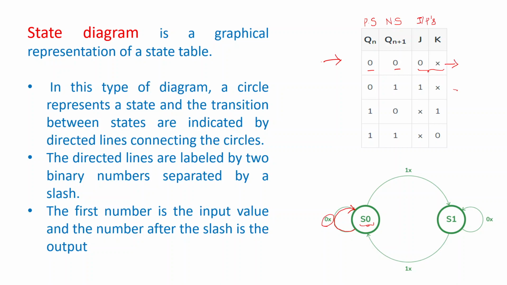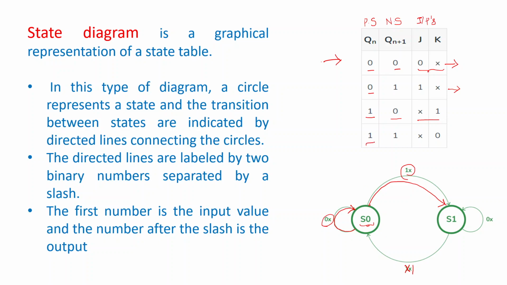Then second row: present state is 0, that is S0, next state is 1, that is S1. So for 1, don't care, it is going to S1. For state 1 it is going to state 0, for don't care, 1. So here it must be don't care, 1. It is going to state 0. This corresponds to the third row.